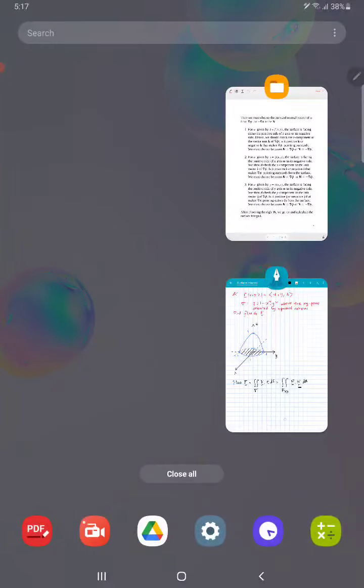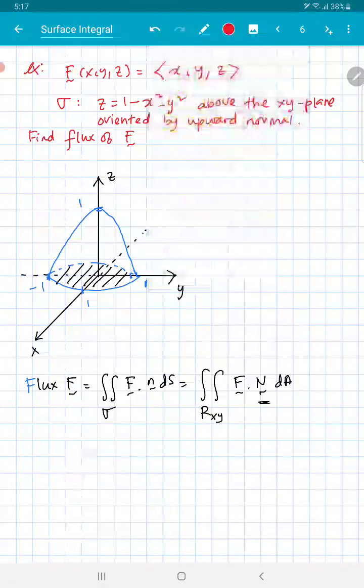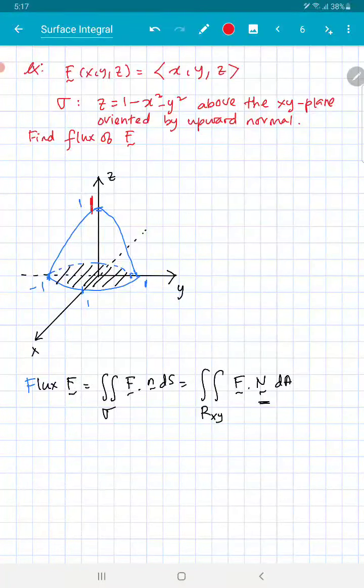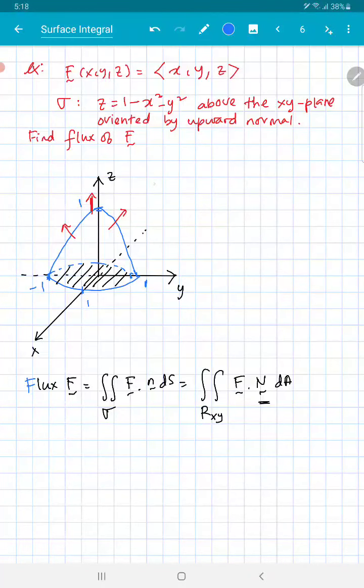Here our surface is given as z as a function of x and y, so we need to check the k component, the z component. And here you can see that it is facing the positive z-axis. So we want our k component, the z component, to be positive.